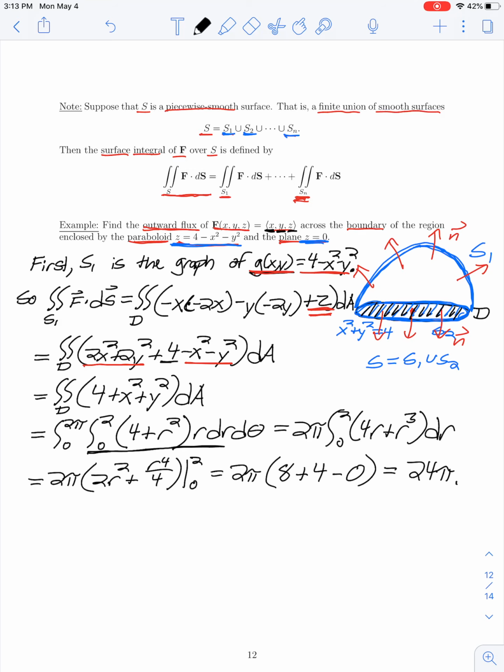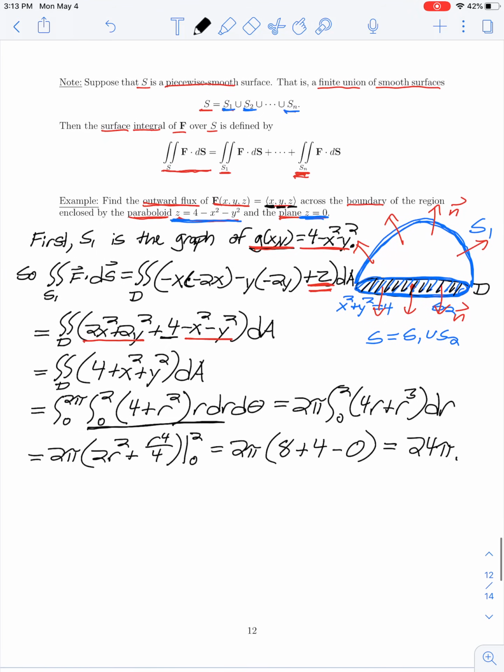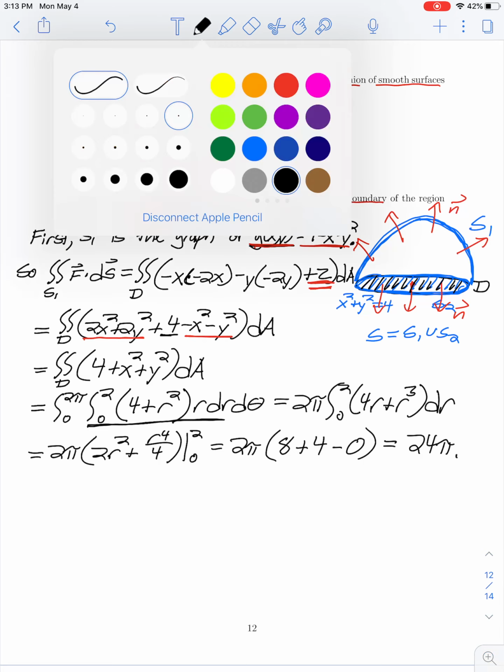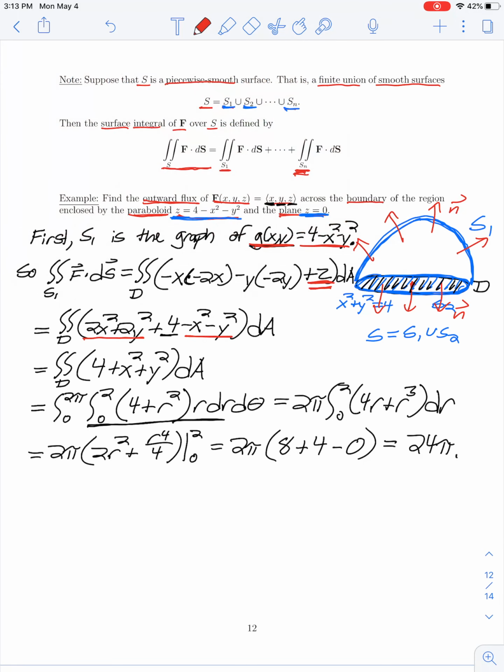But to get the total outward flux across that surface, we still need to integrate over this bottom portion, S2. That is the flux integral oriented downward across this disk D, or S2. So let's think about how we could describe S2 as the graph of a function of two variables.